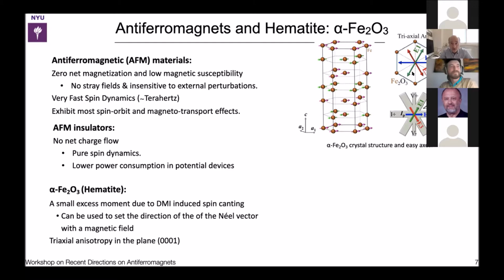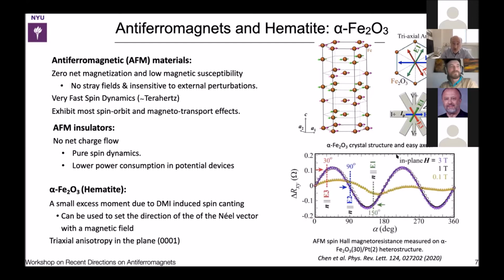So you can do an experiment where you rotate the Néel vector and measure the magnetoresistance, again in a structure like you've seen earlier. That experiment has been done, and you can see beautiful magnetoresistance changes, or changes in the transverse resistance, that follow the expected symmetry of the response.